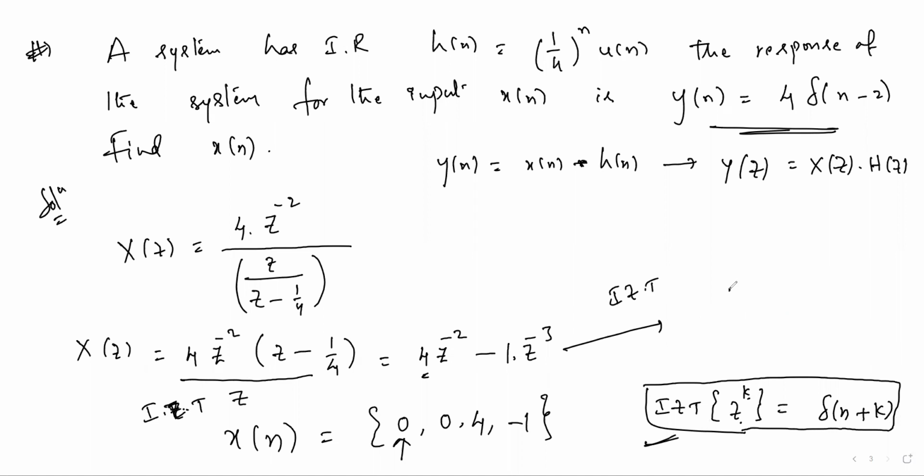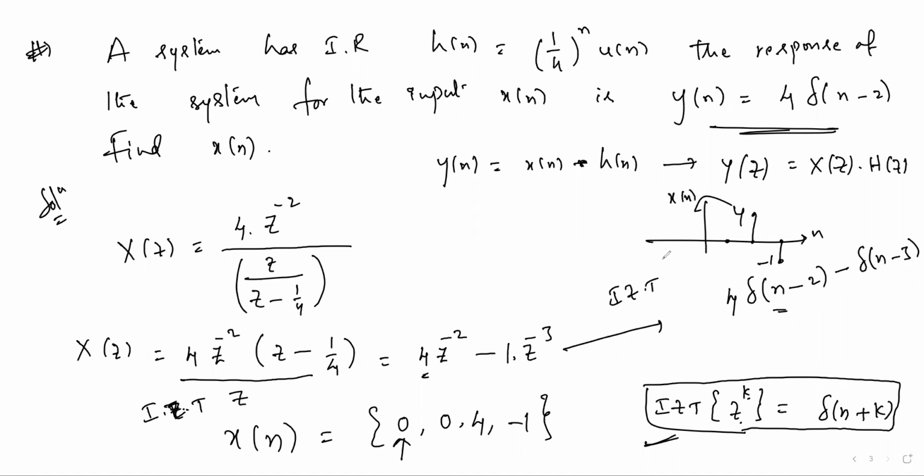Here it is 4 del of n minus 2 minus del of n minus 3. Observe the sequence: del of n minus 2 means at n value 2 we have amplitude 4, and at n value 3 we have amplitude minus 1. This is the input function x of n from these impulse functions.